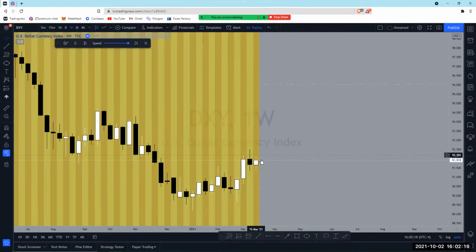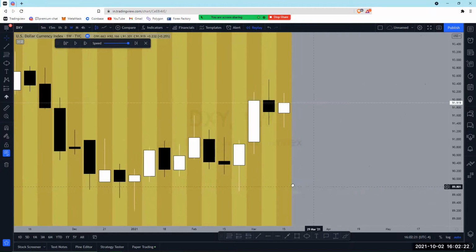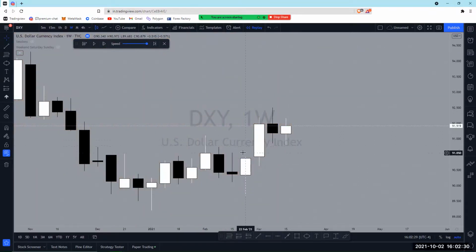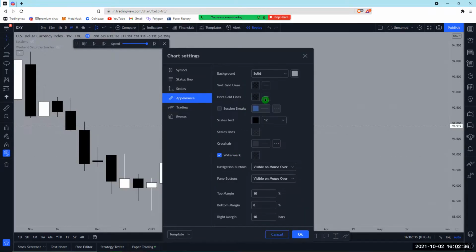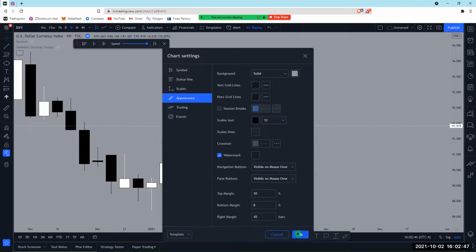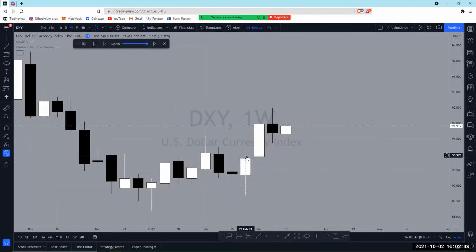Let's have a look at it on the weekly. Now your weekly is going to be the most solid setup, okay? And this is what we have here. Let me fix this real quick. All right, so our fair value gap would be from this candle's high to this candle's low.